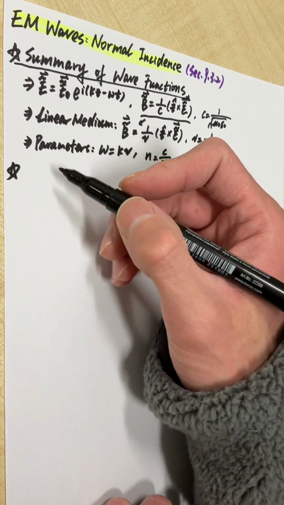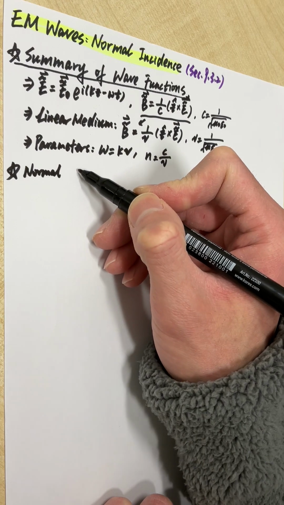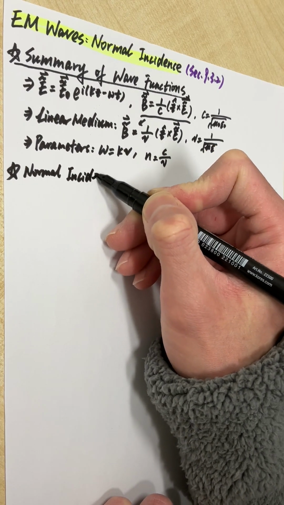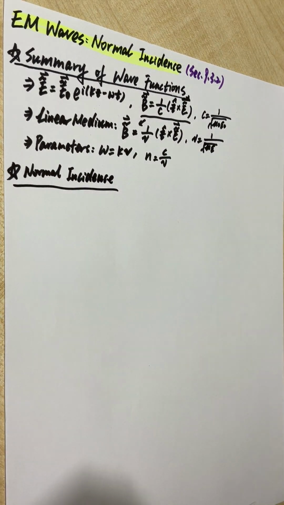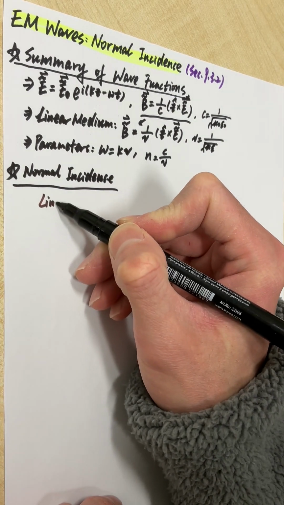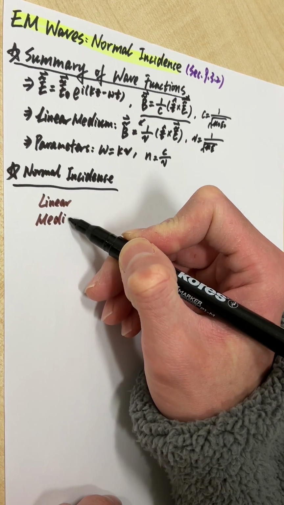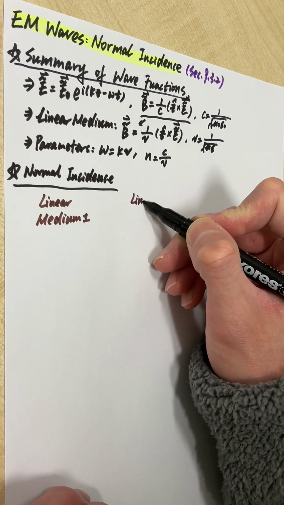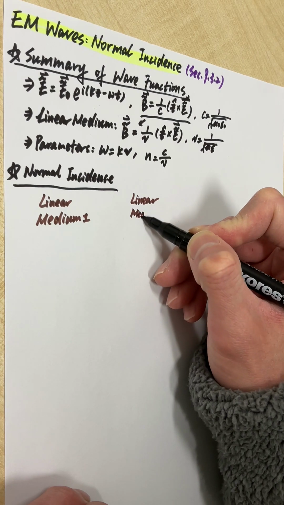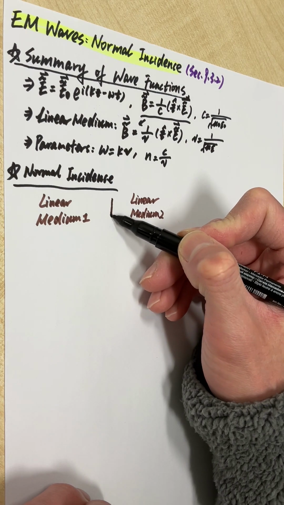So now we are going to study reflection and transmission at normal incidence. Suppose we have linear medium 1 on one side, and linear medium 2 on the other side. I have the boundary here.